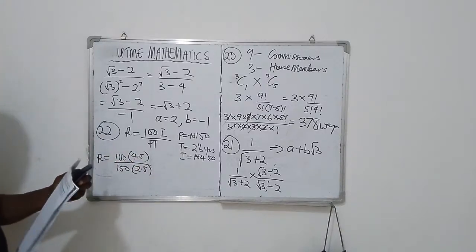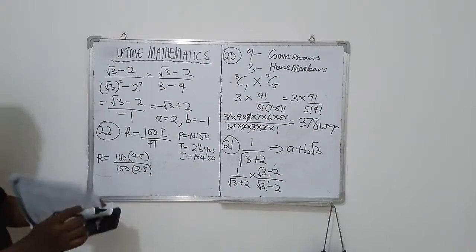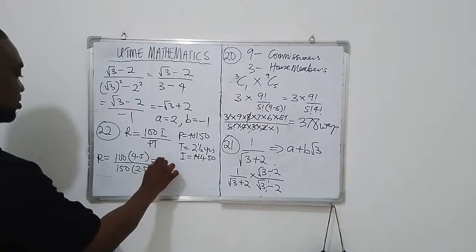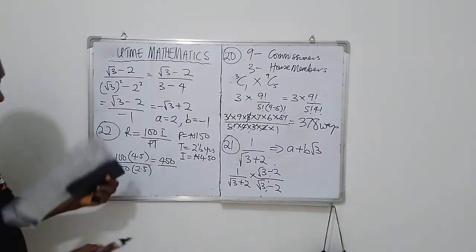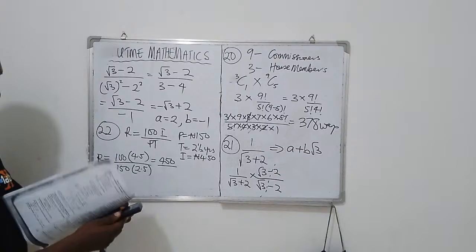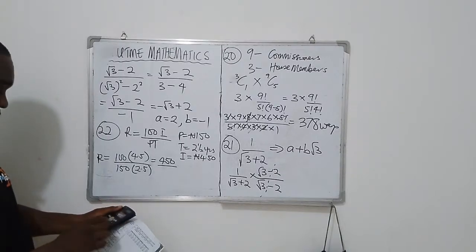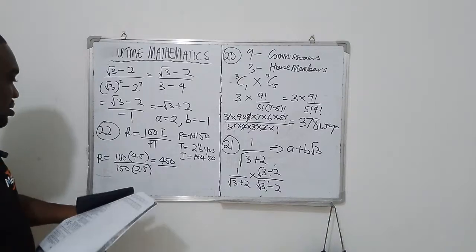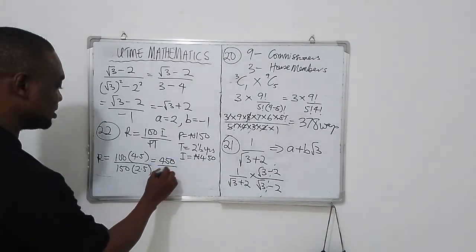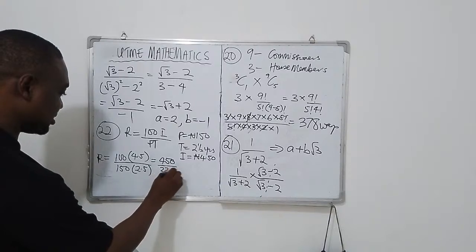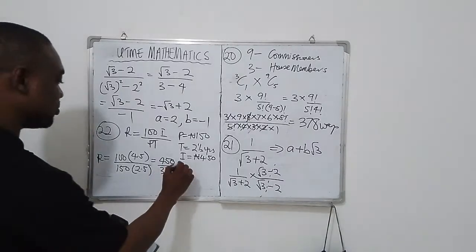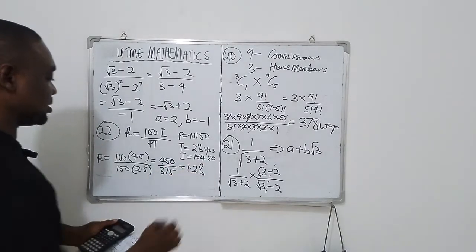Let's put it this way so that it will be easy for us to manipulate. So clearly, this will be 450 divided by 375, and we have 1.2%.